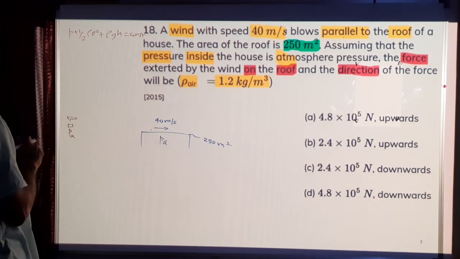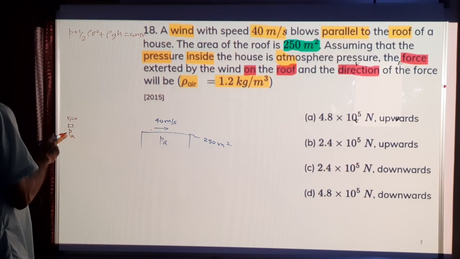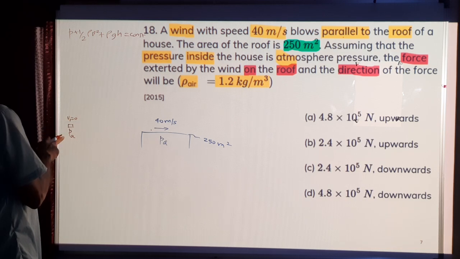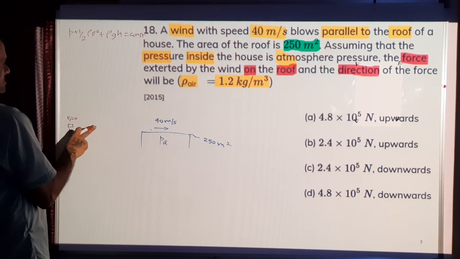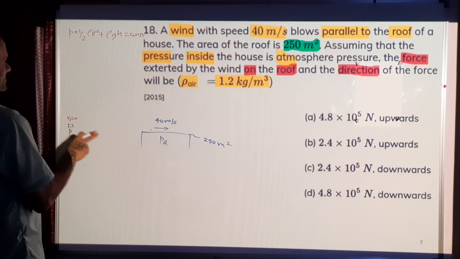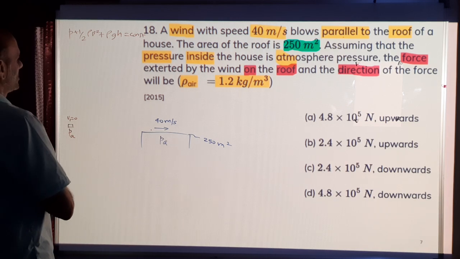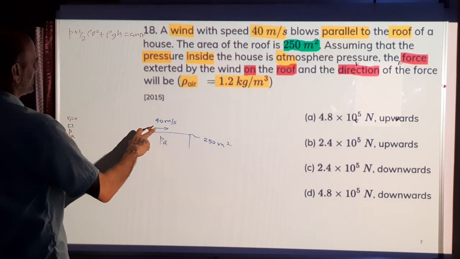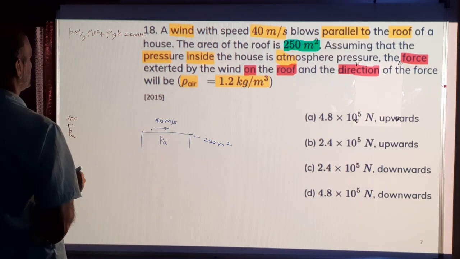So P plus half rho V square is constant. Far away, the wind will be at rest and the pressure will be atmospheric pressure. As it moves, the speed will increase and the pressure will drop. So we have to find the pressure here when the speed has increased to 40.